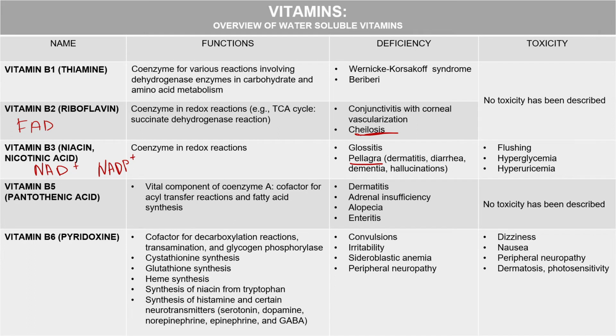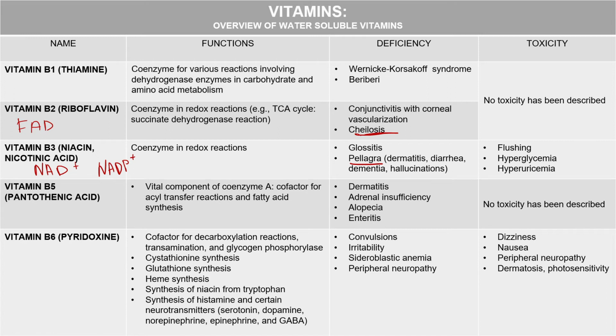Vitamin B5 is not that high yield, but you need to know that it is a vital component of coenzyme A. B6, again, participates in the metabolism of amino acids, like transaminase or decarboxylase.